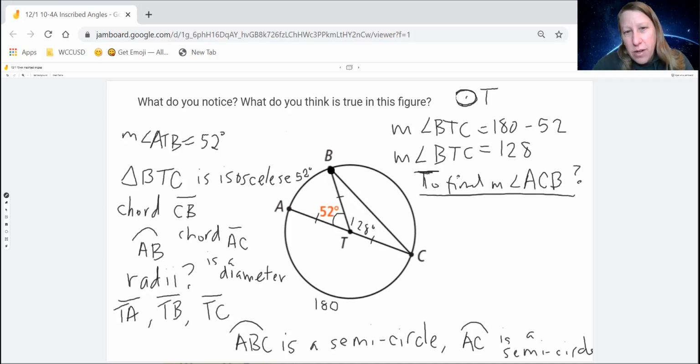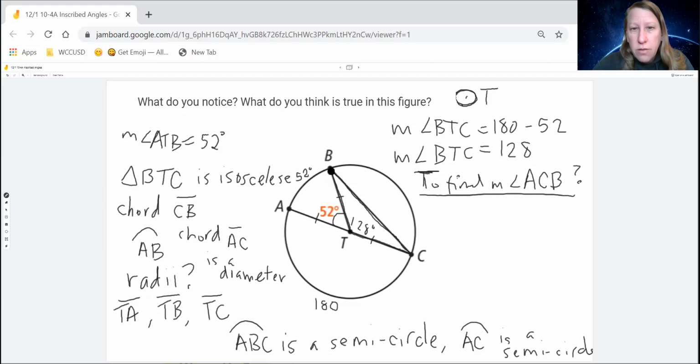Do you guys remember a long time ago we did triangles and then we had angles outside the figure? If these are the interior angles, this one is exterior.